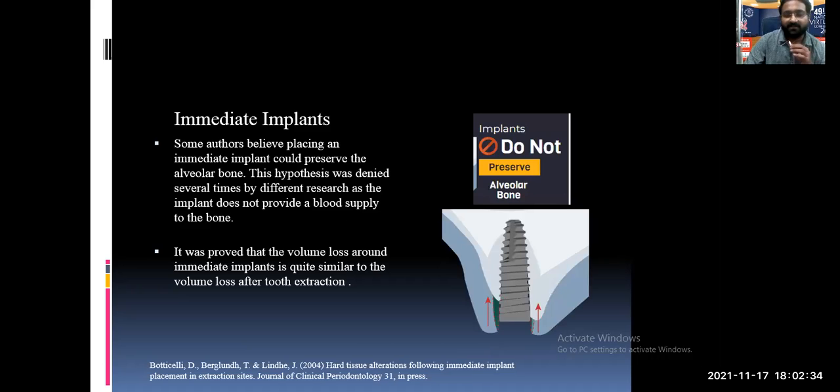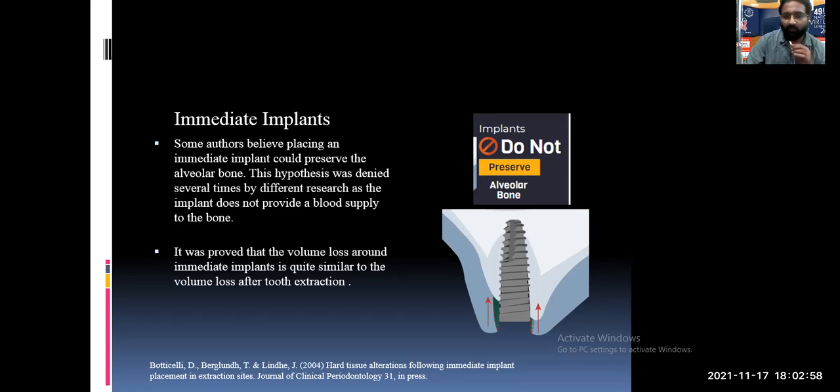So several authors did experiments to preserve the bundle bone. Botticelli in the year 2004 stated that placement of an immediate implant could be an alternative. But this hypothesis was denied by different researchers, as it was understood that an implant does not provide a blood supply to the bone.